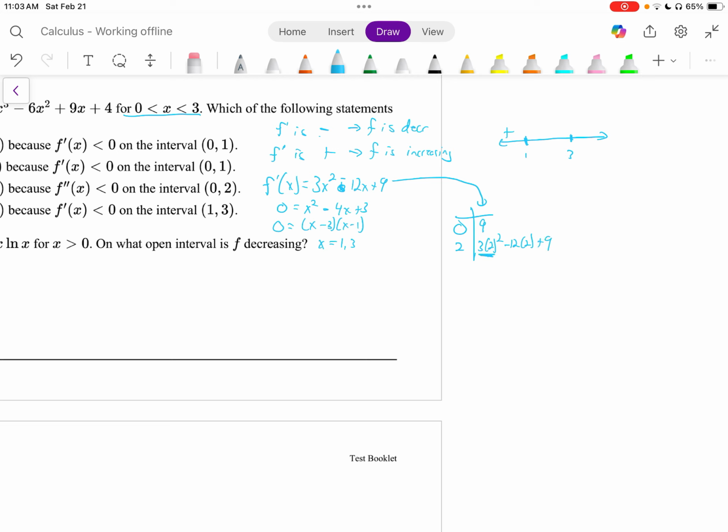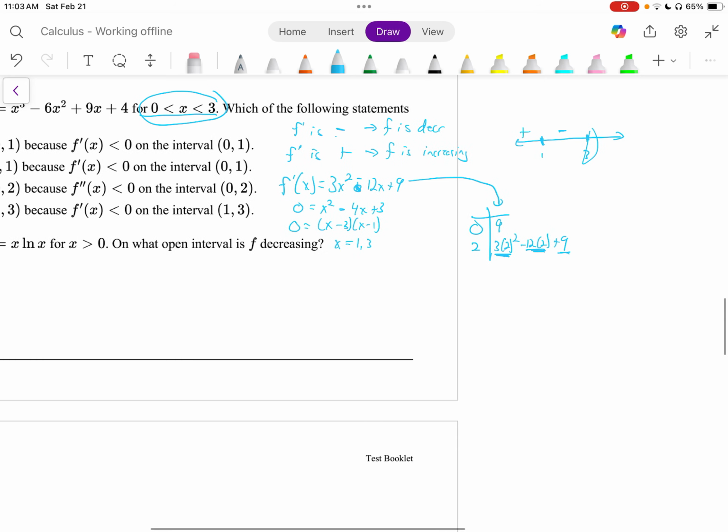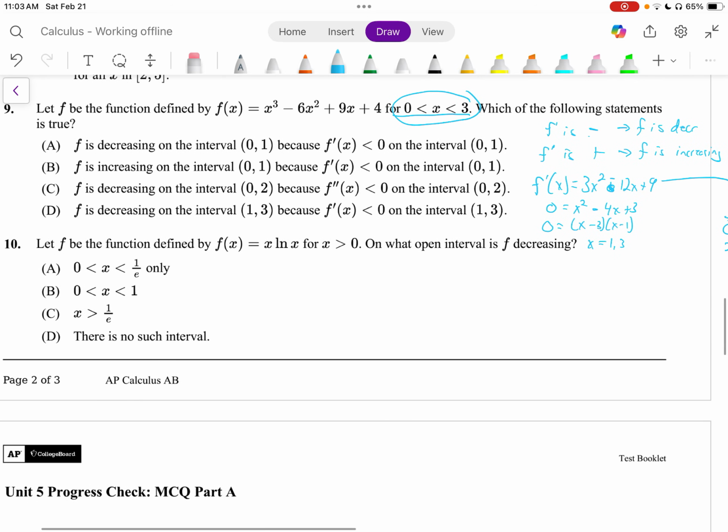That's 12 minus 24 is negative 12 plus 9 is negative 3. And that's actually all we need, because we're only asked about from 0 to 3, and so we're stopping at 3. And it looks like it will be positive from negative infinity up to 1. So it will be increasing from negative infinity up to 1 and decreasing from 1 to 3.